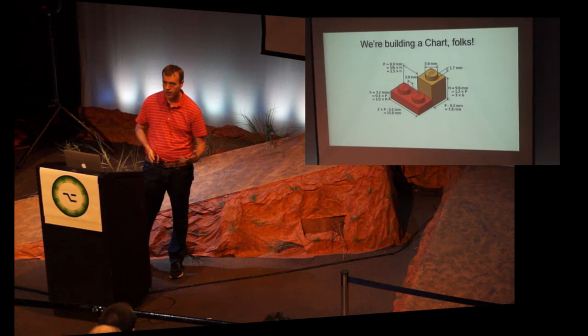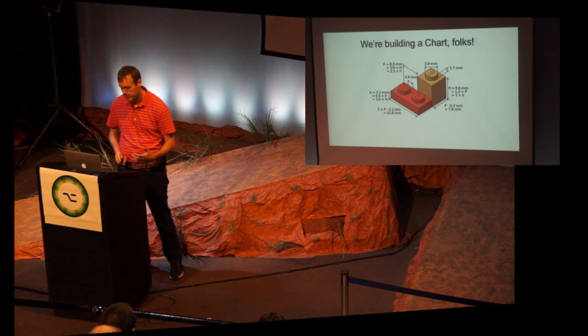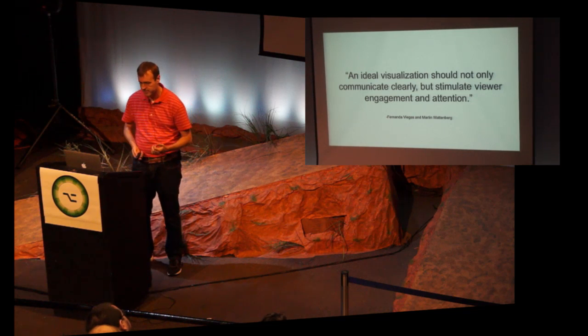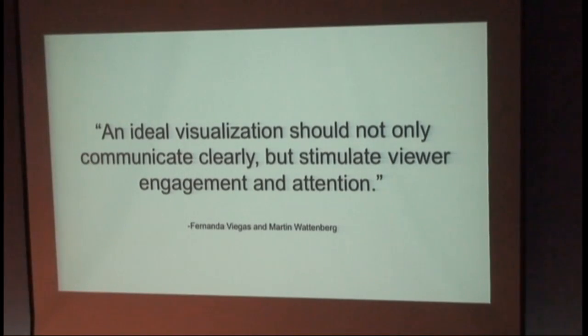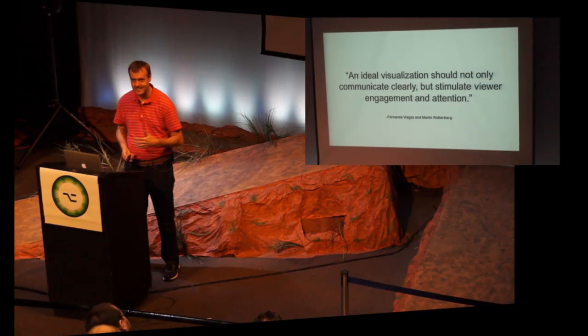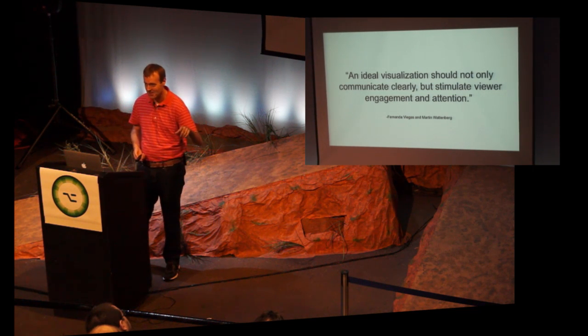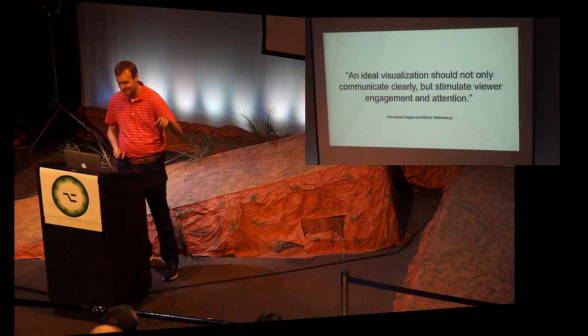We started off with a quote: "An ideal visualization should not only communicate clearly, but stimulate viewer engagement and attention." This is by Villegas and Waddingberg. When I broke this down in developer terms, it was: chart should be pretty, API should be simple. That was the developer in me talking.